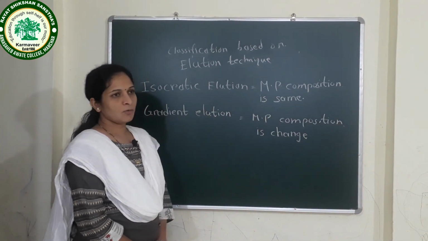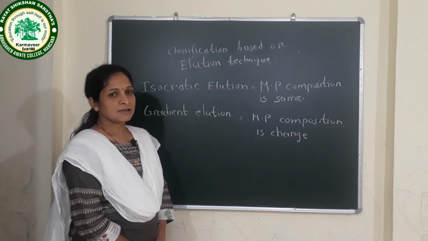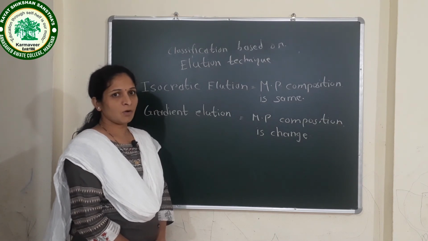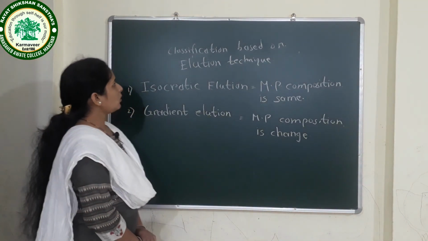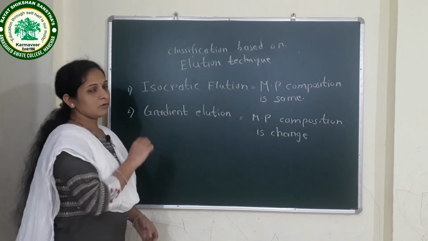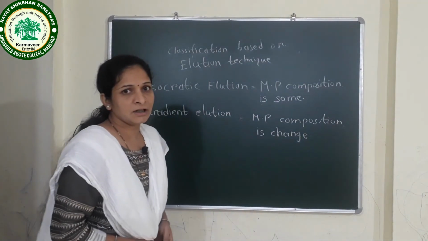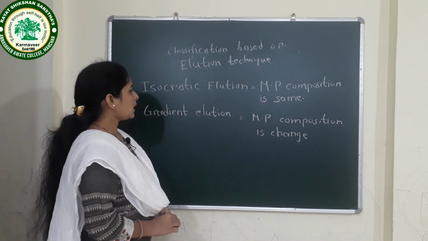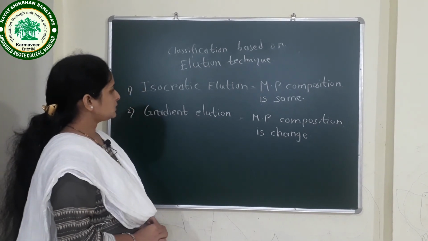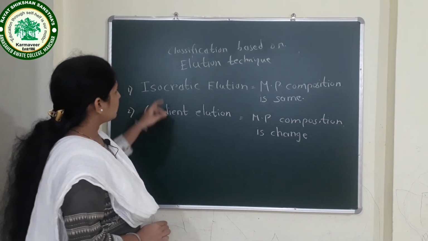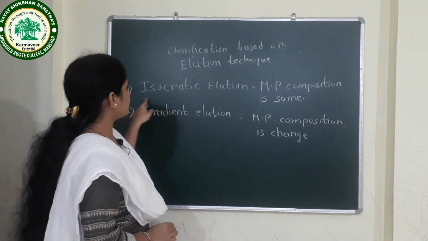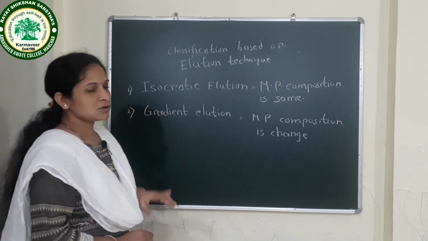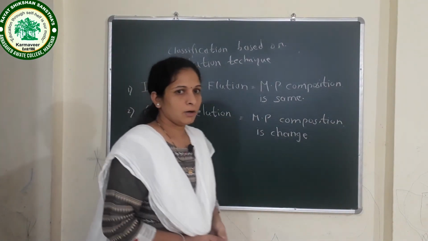There is the ion exchange chromatography, affinity chromatography, size exclusion chromatography, adsorption, partition. Then on the basis of the mode of the separation in the chromatographic process, there are two types. Then the classification based on the elution technique, there are two types, isocratic elution and gradient elution. Okay, this is all about the classification of the chromatographic techniques.